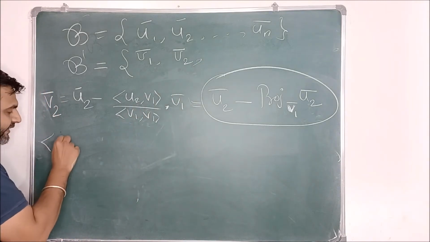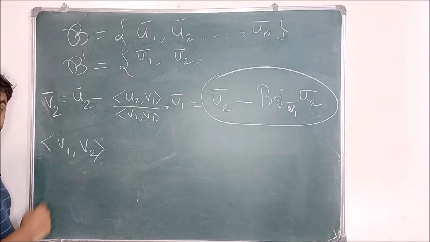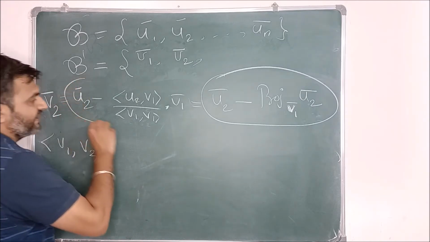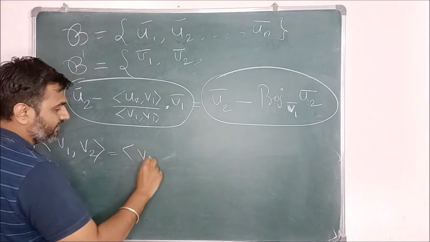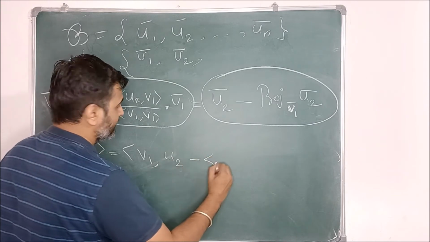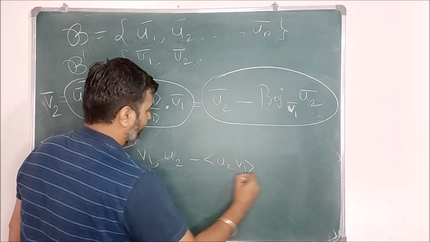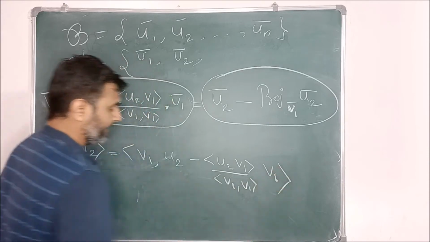Actually you can check that the inner product of v1 and v2 is 0. Why is the inner product of v1 and v2 0? That means I am saying the inner product of this is 0. So what is this? v1. What is my v2? This thing, u2 minus u2 v1 upon the inner product v1 dot v1.